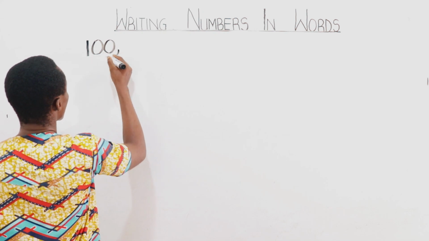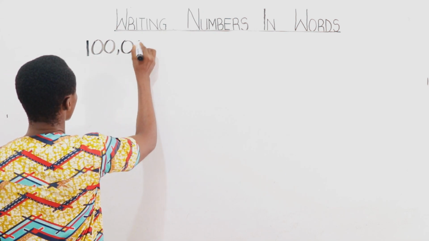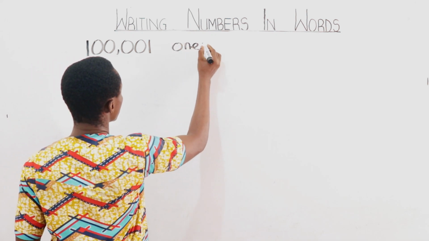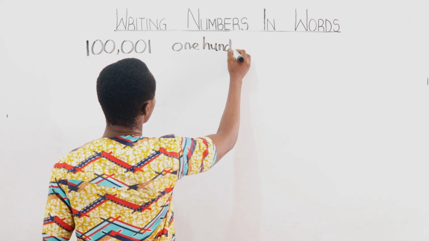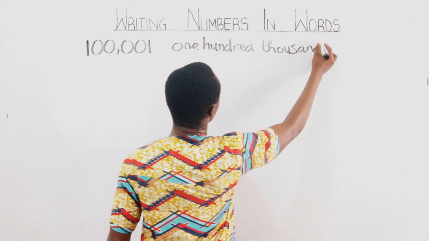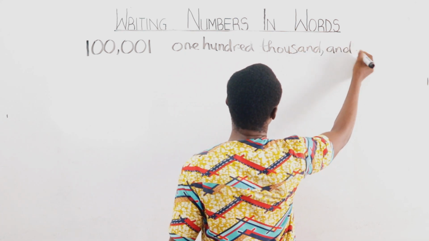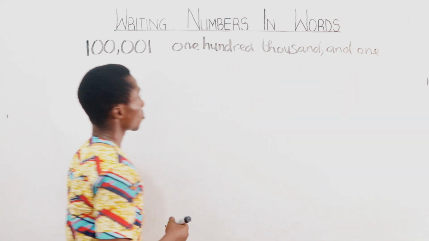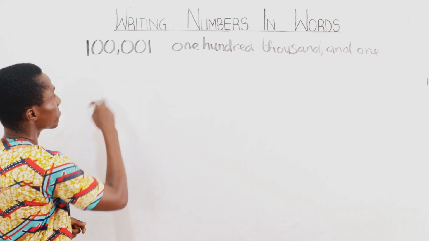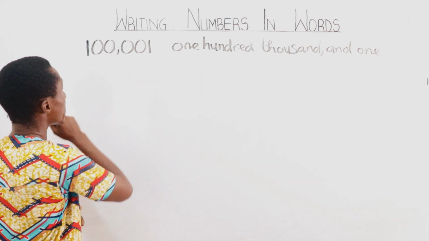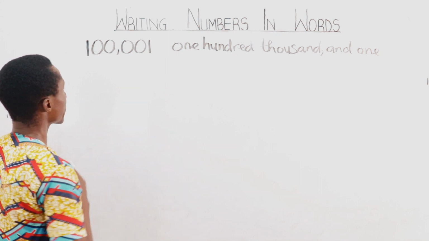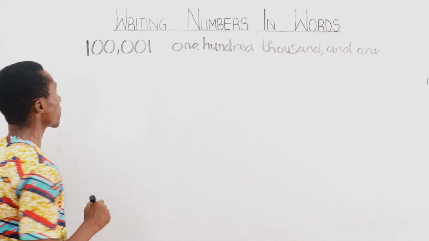So if we add 1 to 100,000, we are going to have 100,000 and 1. Okay? Good. Now we can follow the same way to add more ones until we get to 100,000 and 9. Now let's add some tens, okay?